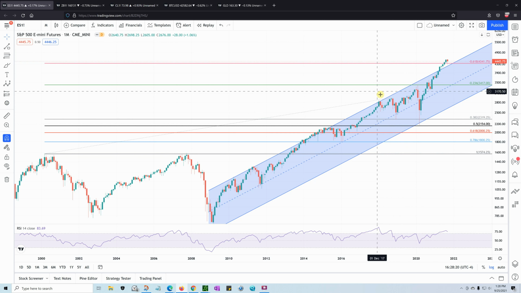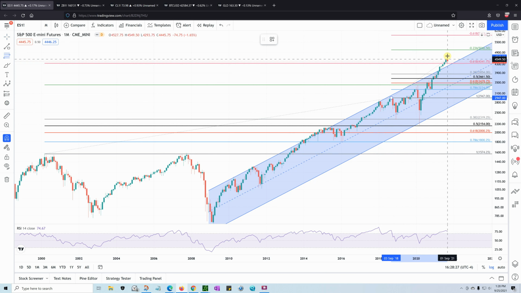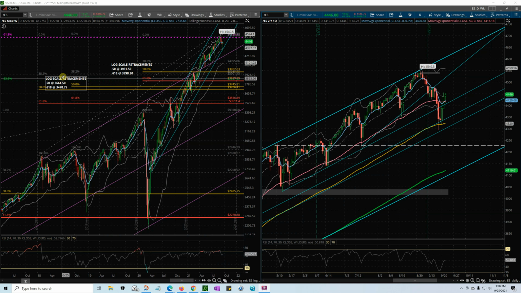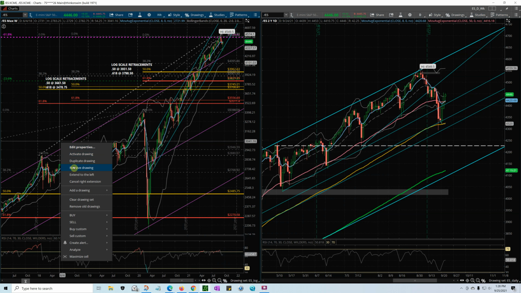And so what I've done is I've drawn this 2018 highs to highs extension, and the log fib levels are different. So I've noted them on the Thinkorswim chart. And so actually I'm going to remove this one. This is the top of wave 3, I'm thinking. They're close together anyway.